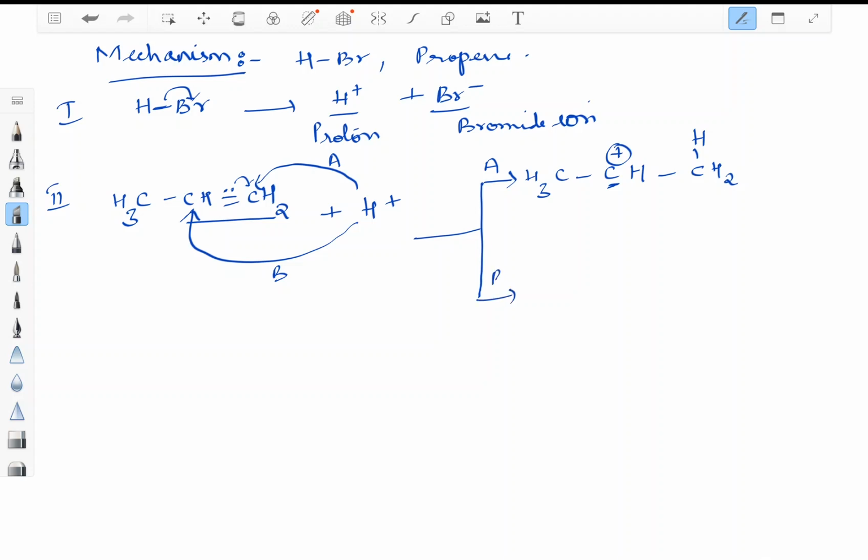Very simple. In the B one, CH3 is as it was here. Now the second one, if hydrogen comes here, CH with a hydrogen now here, and this one will be CH2 with a positive charge.